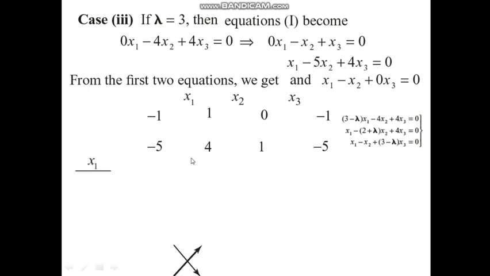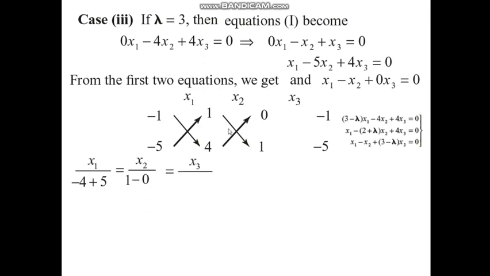By cross multiplication, x1 upon (−4 + 5) equals x2 upon (1 − 0) equals x3 upon (0 + 1). After simplification, x1 upon 1, x2 upon 1, x3 upon 1.